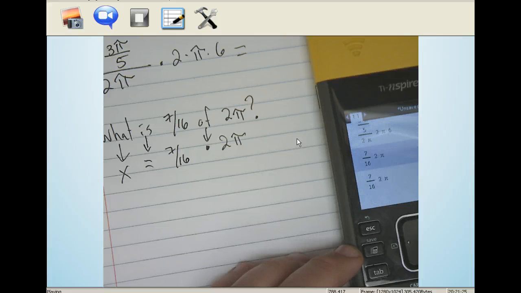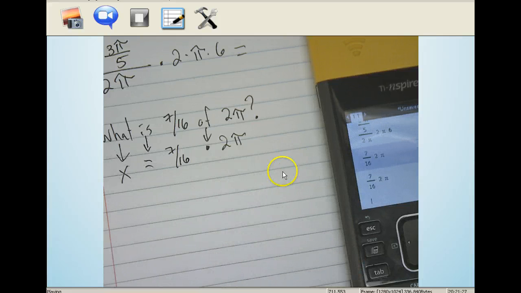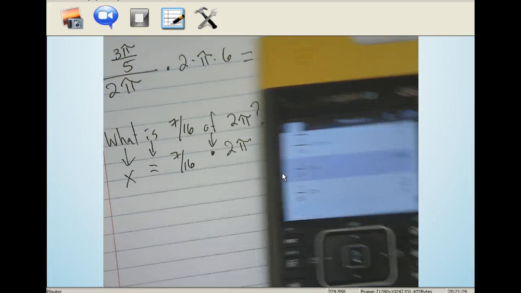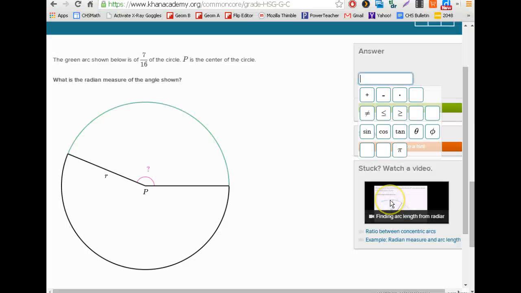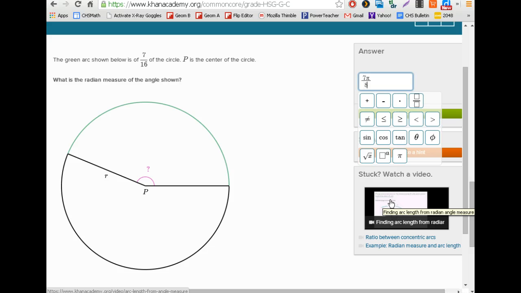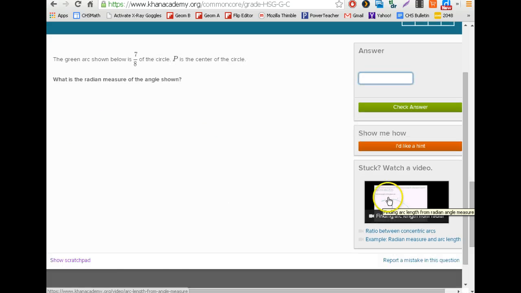Oops. I hit Control Enter and I got this number, and I didn't want that. I wanted exact. We get 7 pi over 8, or 7/8 pi. So 7 pi over 8. Okay, that's how that's done.